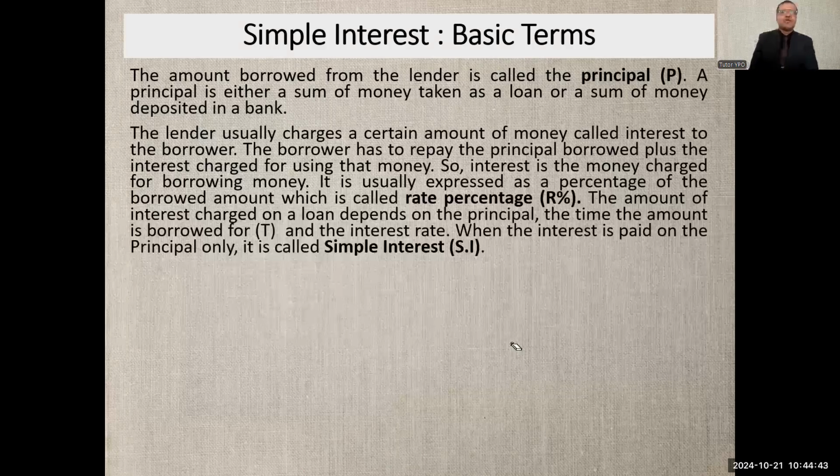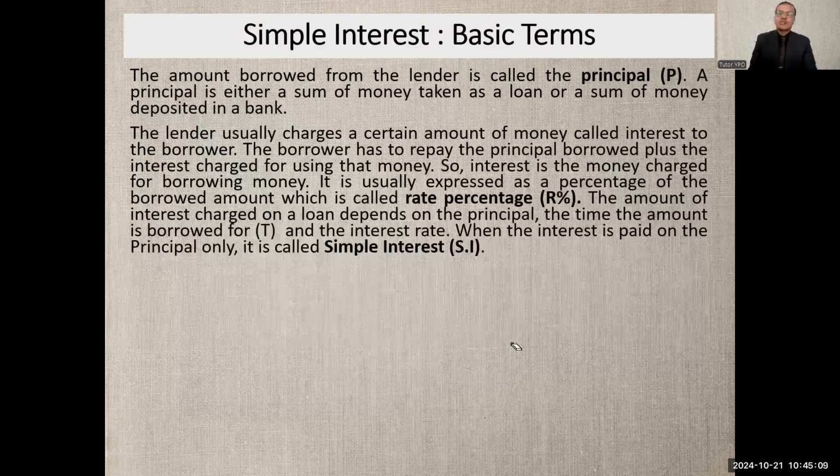So the borrower has to repay the principal borrowed plus the extra amount, which is called interest, for using that money. So interest is the money charged for borrowing money, for using others' money.